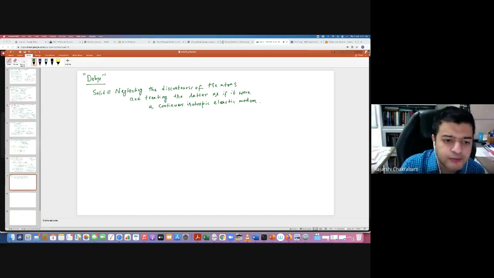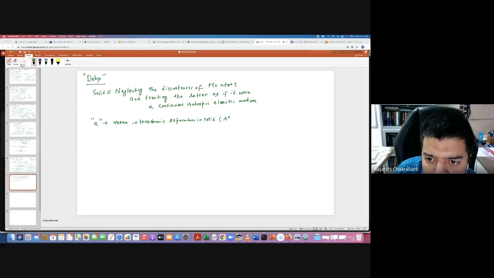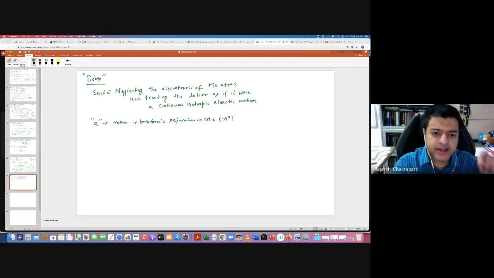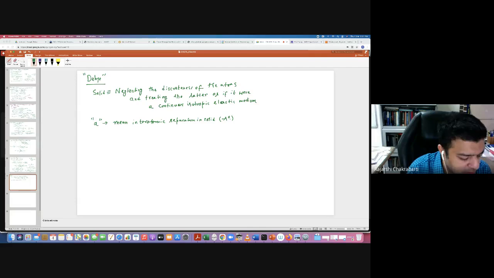For example, if small a is some average mean interatomic separation in solid, which is of course on the order of angstrom, take KCl, NaCl, and I am describing this lattice with an elastic medium, the elastic medium will be characterized by a wavelength.